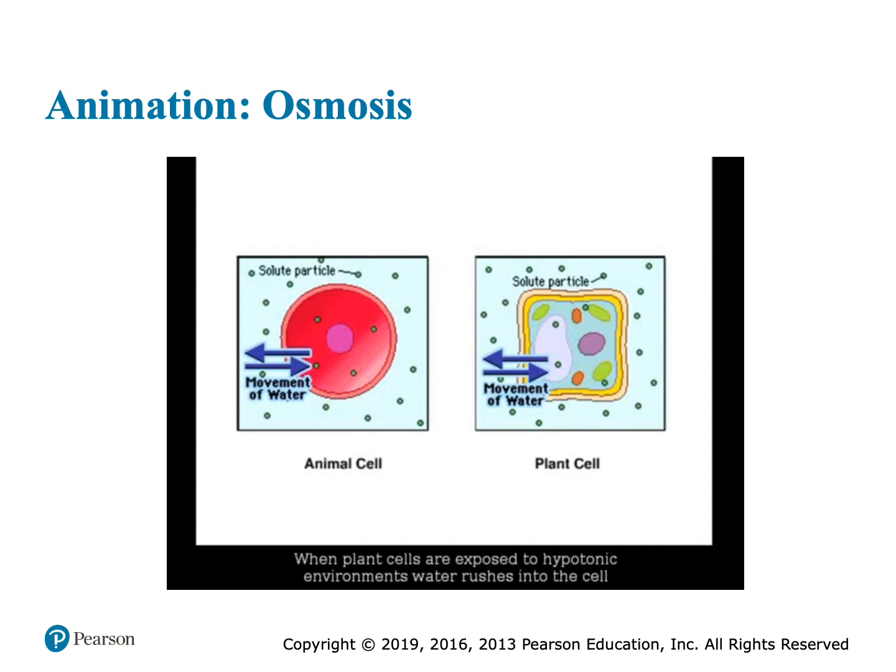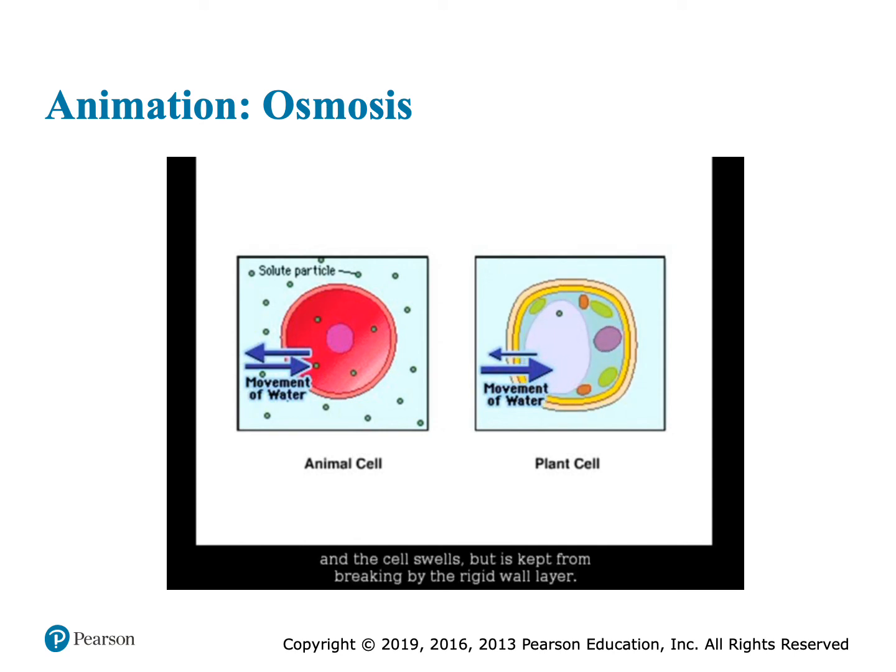When plant cells are exposed to hypotonic environments, water rushes into the cell, and the cell swells, but is kept from breaking by the rigid wall layer. The pressure of the cell pushing against the wall makes the cell turgid, and is the desired state for most plant tissues. For instance, placing a wilted celery stalk or lettuce leaf in a hypotonic environment of pure water will often revive the leaf by inducing turgor in the plant cells.